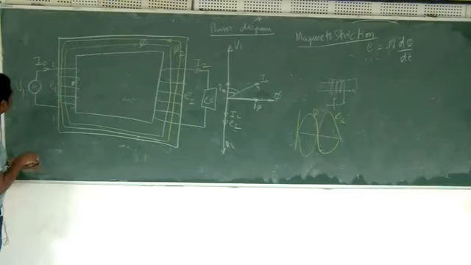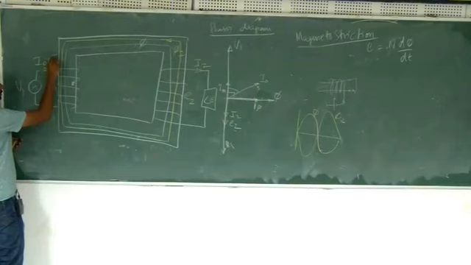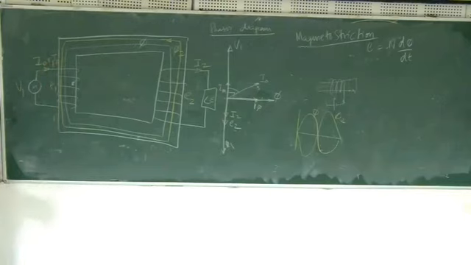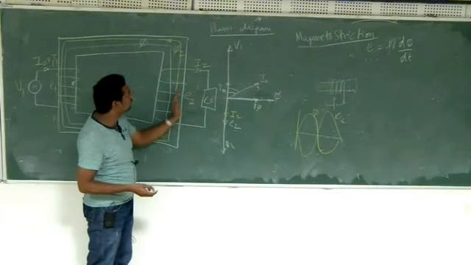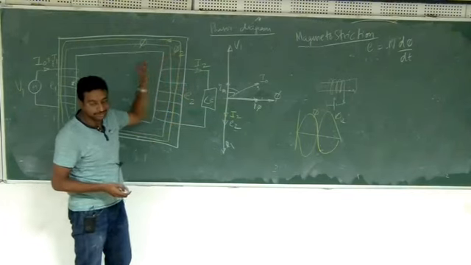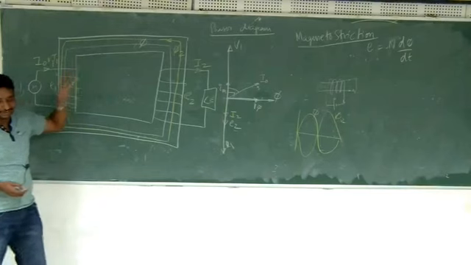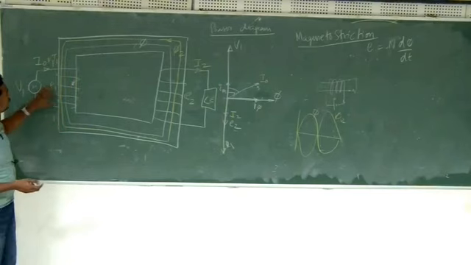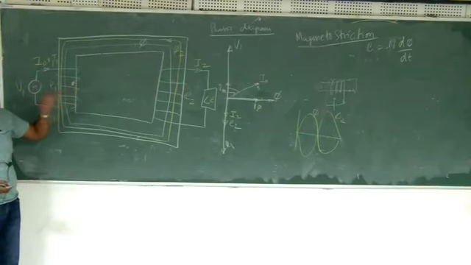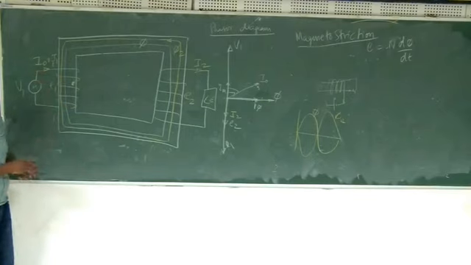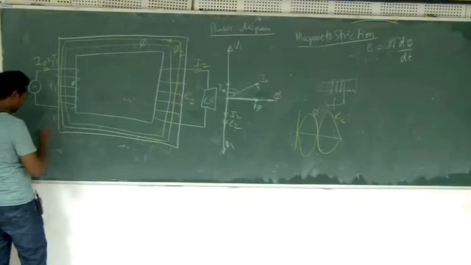So here I'll write plus I1. The moment there is a load connected, more flux will come. Momentarily the core flux will reduce. Momentarily the EMF will reduce. Then because of the voltage difference, more current starts flowing, and because of that new current I1, there will be another flux phi1.